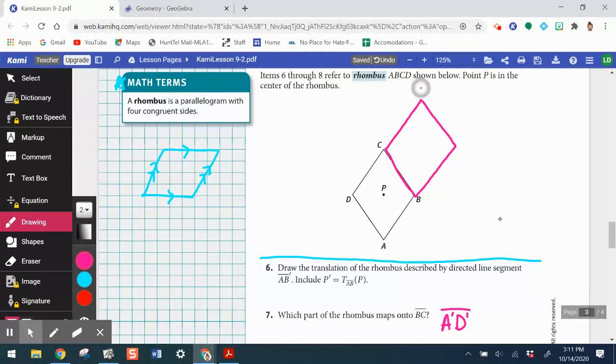So C went here, C prime, B went here, B prime, A went to where B was located, so we call that A prime, and D went to where C was located, so we call that D prime. And of course, P is still somewhere in the center, we call that P prime.